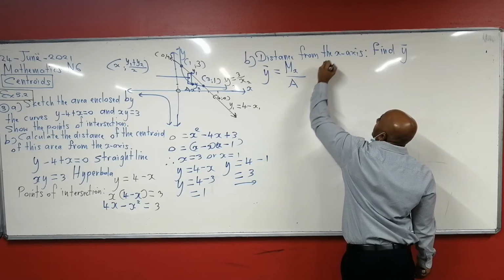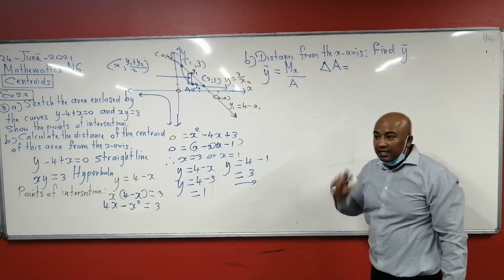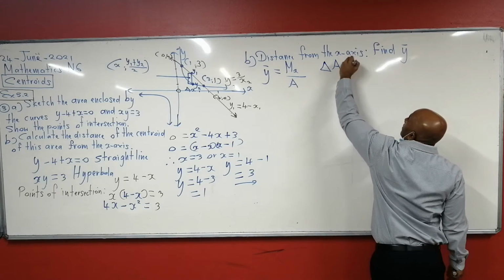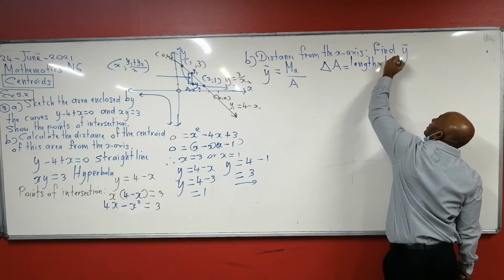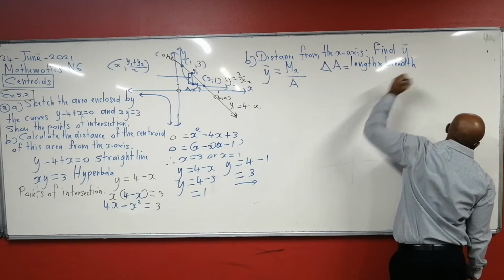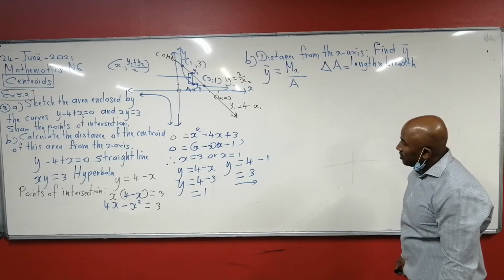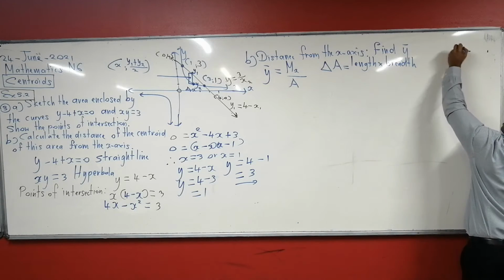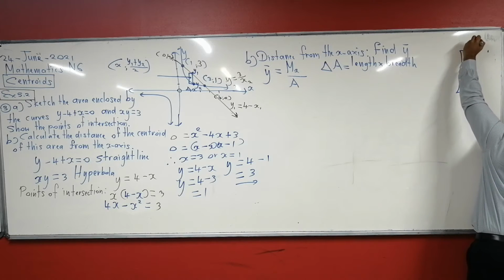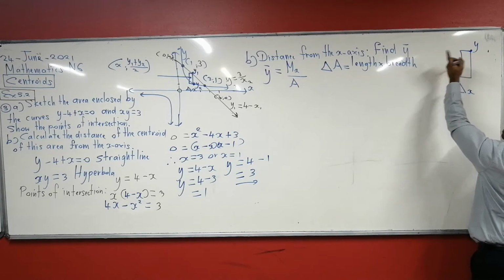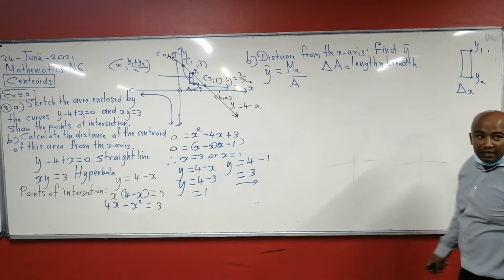Alright, so delta A, the area of the representative rectangle, we know it's length times breadth. So here is your rectangle. The top is, what did we label the top as? y1, the bottom as y2.